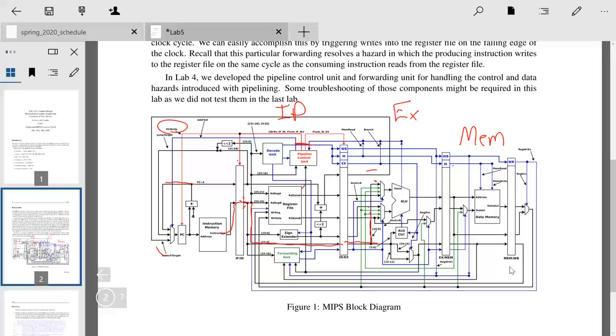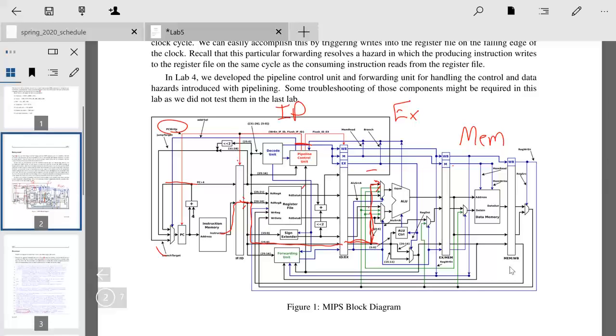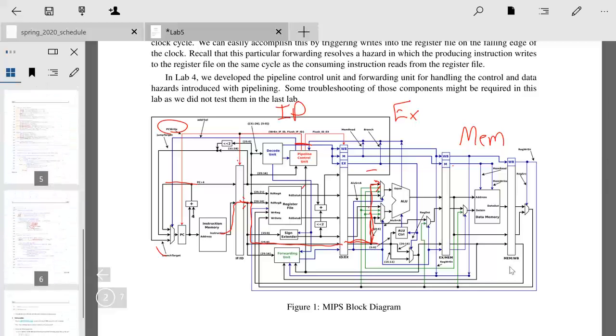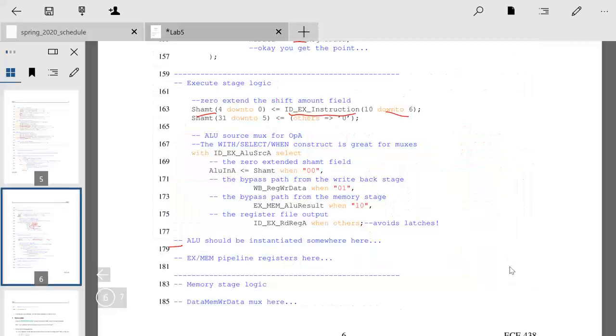Ultimately, it comes from the instruction memory, goes to the IFID, goes to the IDEX, and then here it is, and this becomes SHAMT, and then we feed it into our ALU A mux. Now of course we have to pad the upper bits, or zero extend, because we have to convert it to a 32-bit signal. And so we just fill it with zeros.